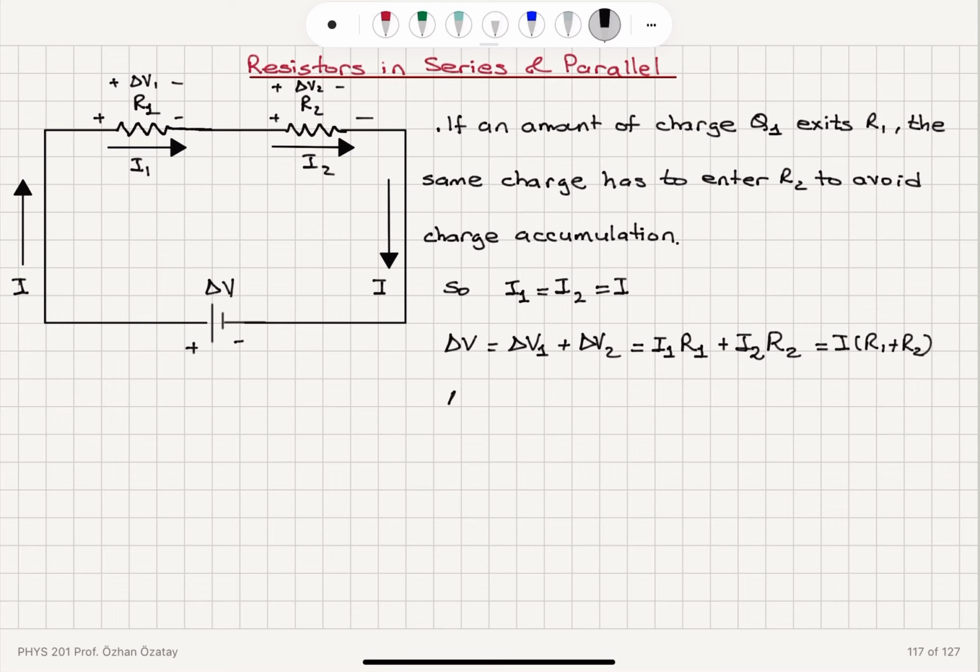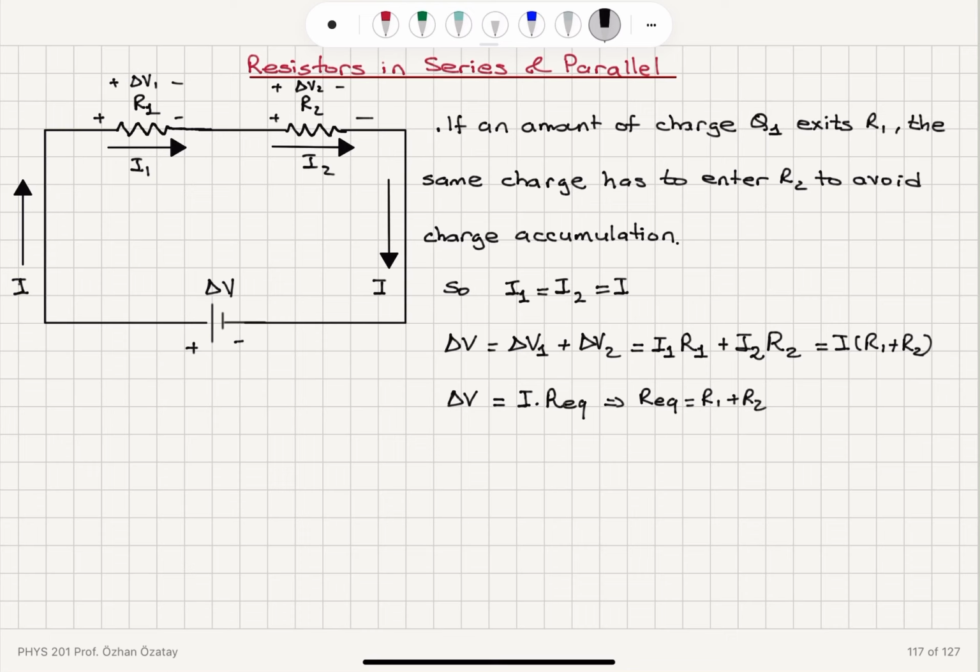So the potential difference, delta V, applied by the battery must be equal to the current that flows multiplied by the equivalent resistance. So basically what I would like to do is replace these two resistors with a single equivalent resistance. All right, so this will give me an equivalent resistance of R1 plus R2.